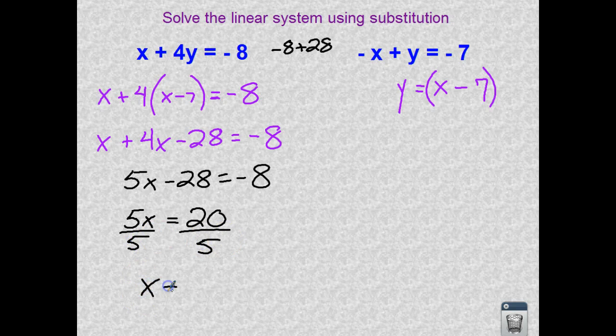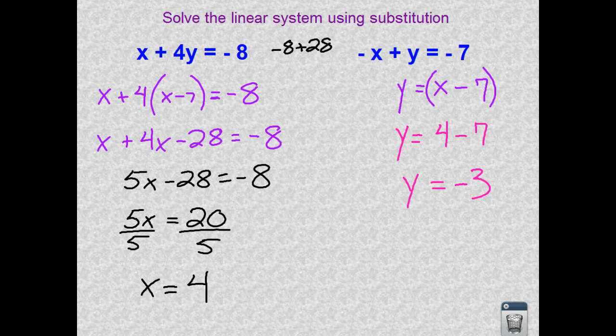So we know that our x value is going to be equal to +4. And now that we know what our x is, we'll substitute it in the other equation. So y is going to equal my new x value 4 subtracted by 7. So y is equal to -3.